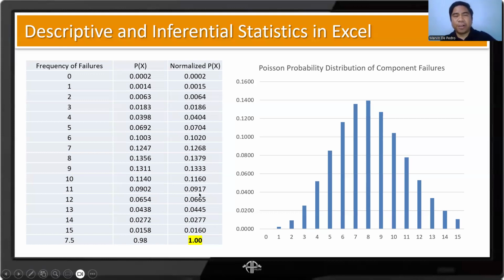So all in all, if we take a sum, it will always be 1.0. The sum of all of our normalized probability values will always be 1, or 100%. If you measure them all together, it will always be 1.0.